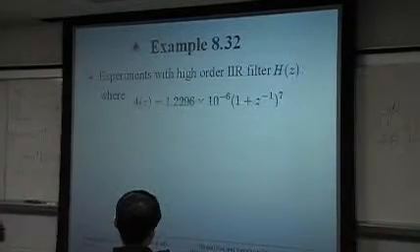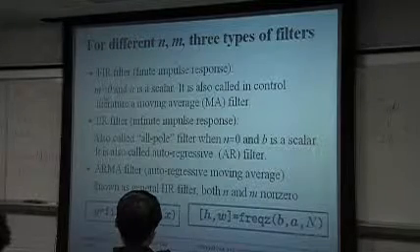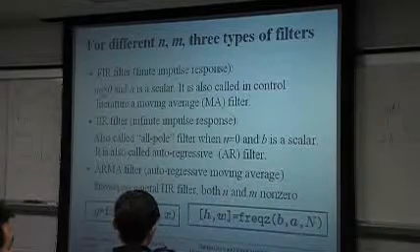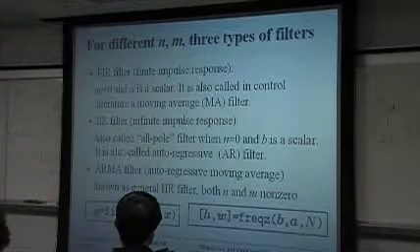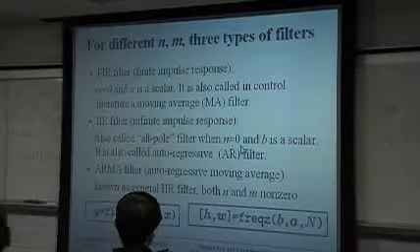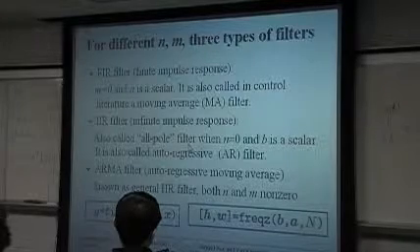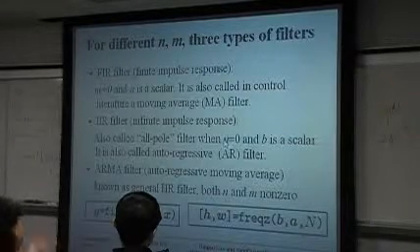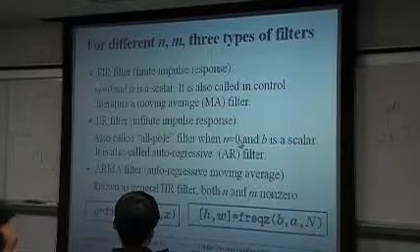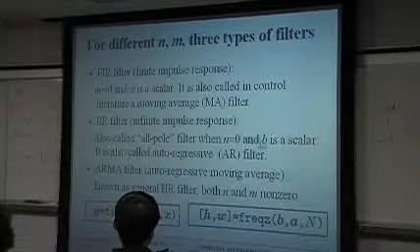Oh, here is a slide. So for m equals 0, which means the numerator is 1, then we call it a FIR filter. And for n equals to, okay, for the first one, the numerator is 1. For the denominator, there's something wrong here.